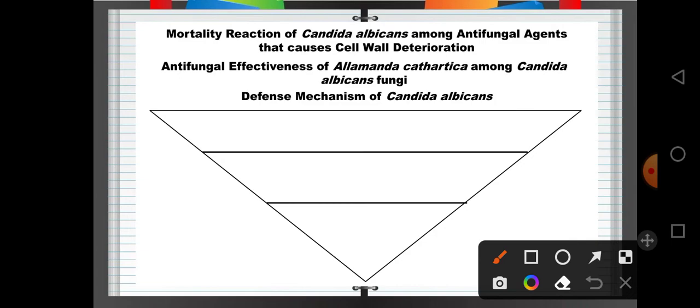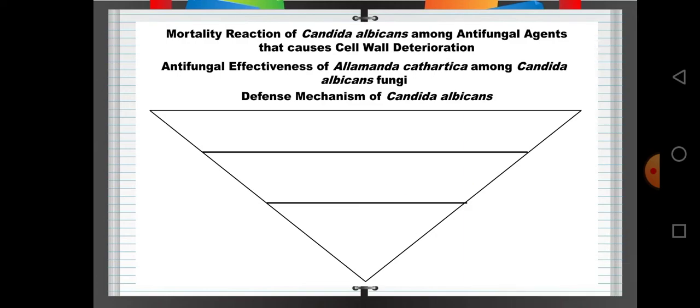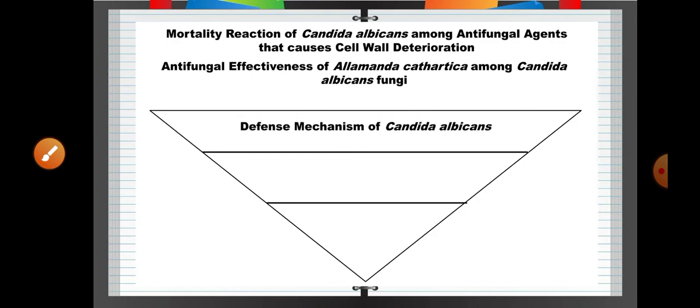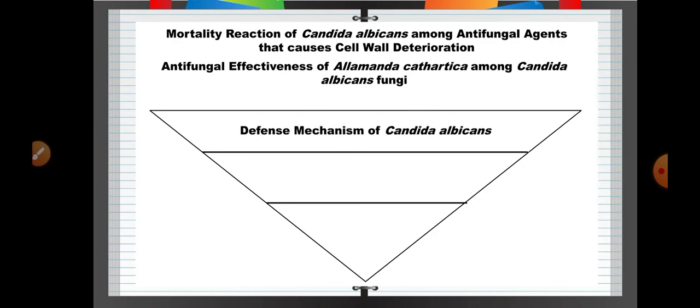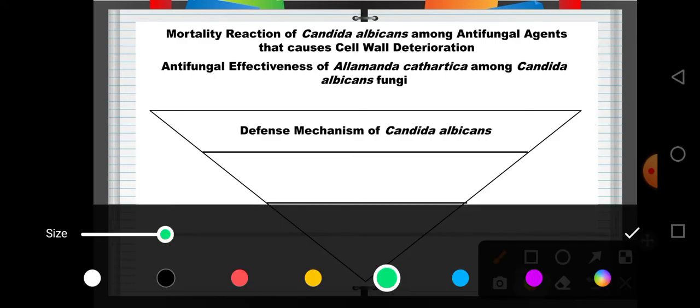Among these topics, which topic is considered to be the broadest? The broadest is actually the defense mechanism of Candida albicans because there are numerous defense mechanisms available for fungi. And what will be our most specific topic?